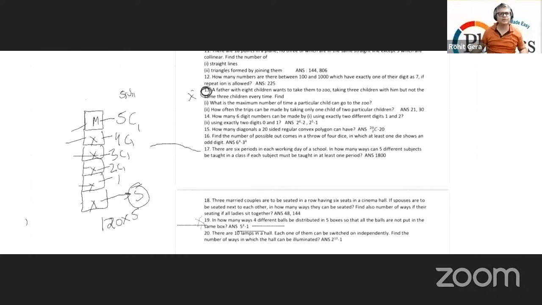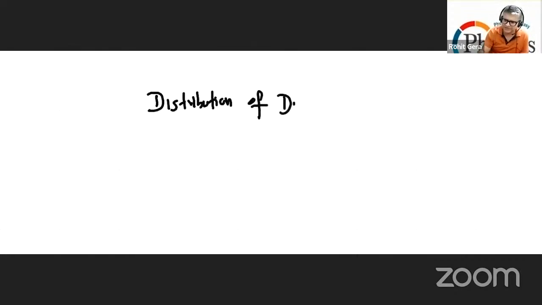क्योंकि ये वैसे क्वेश्चन नहीं है जो अभी तक हमने करे हैं। Slightly go into the next page. Okay. So these questions come in the category of distribution of distinct things, माने distinguishable, distinct things without restriction.